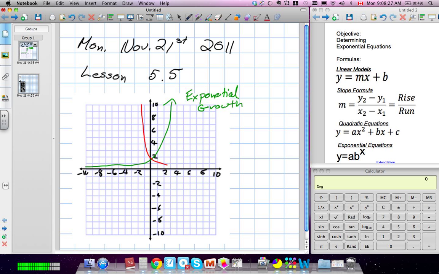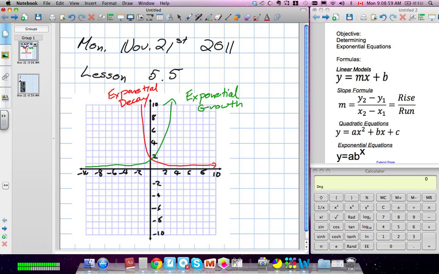This is exponential decay. Essentially, these are representing the same type of equation, but we're using two different words to define them. Okay? It's important you guys recognize when looking at these things whether something is growing or whether it's decaying. We're going to get into examples of that. These are rough sketches of what a graph could look like for exponential growth and exponential decay.